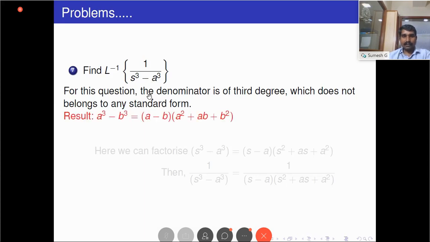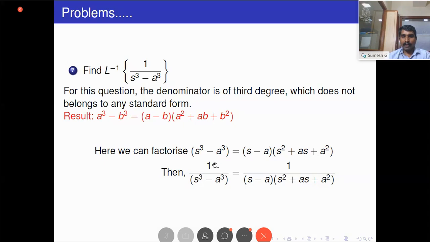We have the result a cube minus b cube equal to a minus b into a square plus ab plus b square. So applying this result, we can write the value of s cube minus a cube as s minus a into s square plus as plus a square.